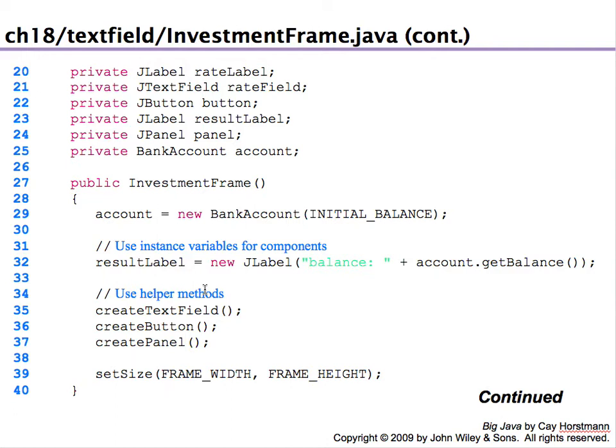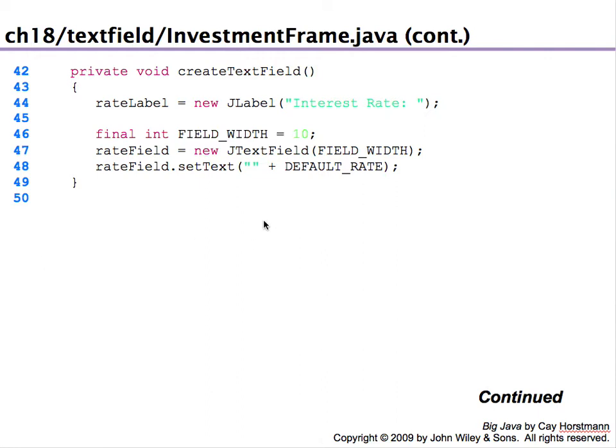In this case, since there is so much to be done, instead of writing all of it inside the constructor, this example defines helper methods called create text fields, create button, create panel, and set size, in order to group together the steps needed to create each one of them.